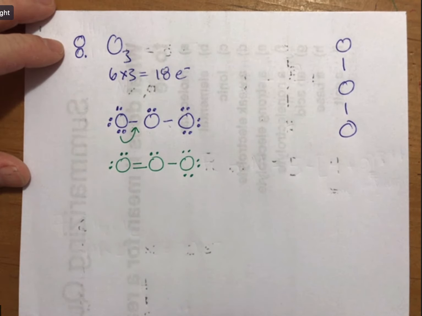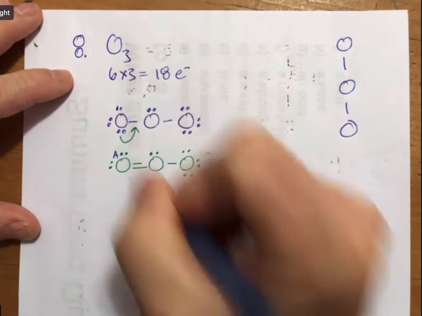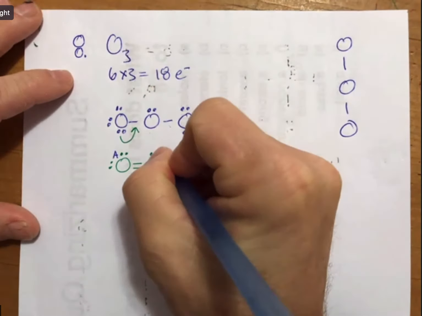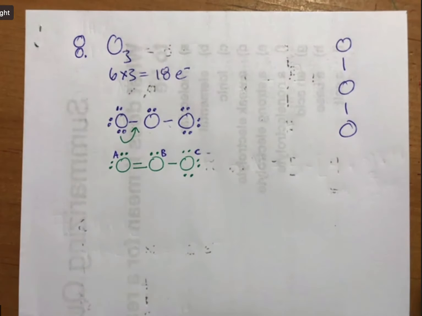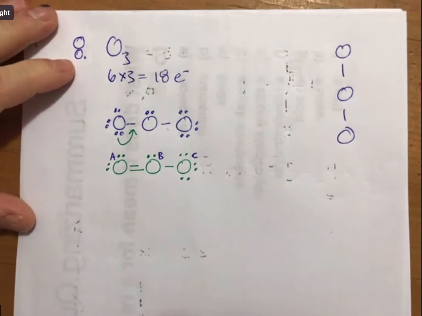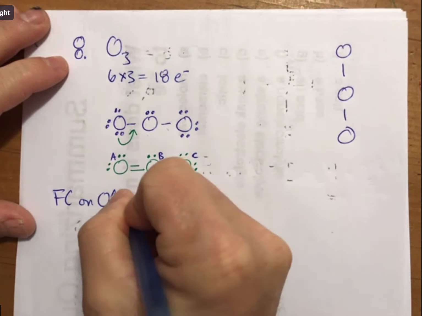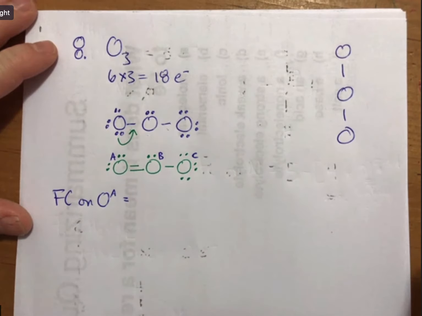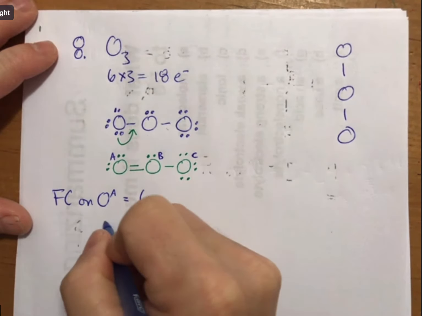In this molecule, there's actually going to be oxygen A, oxygen B, and oxygen C. Each oxygen is different here. So let's do a formal charge analysis on oxygen A.